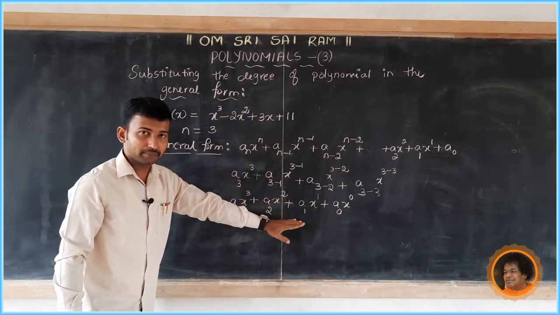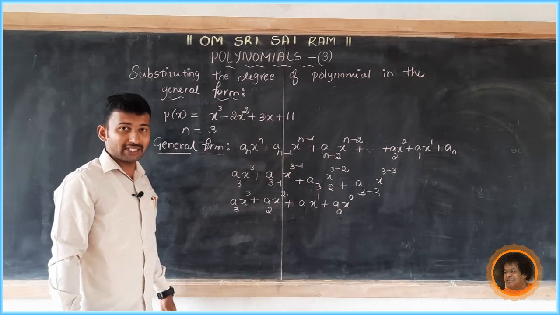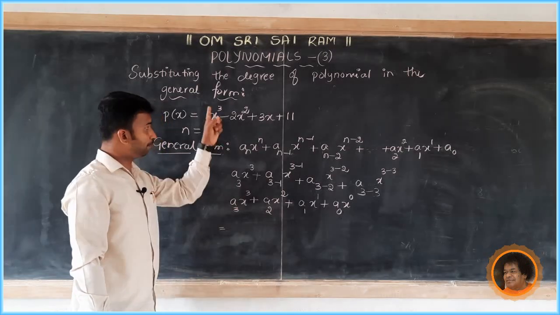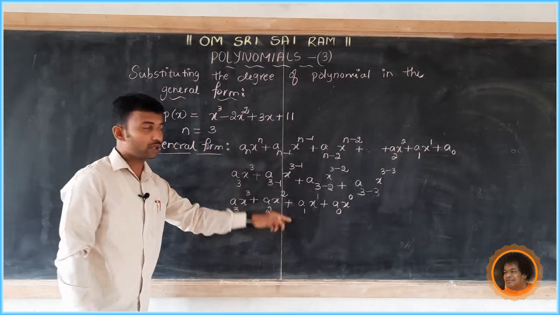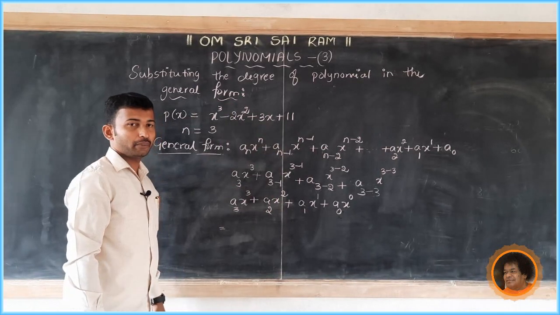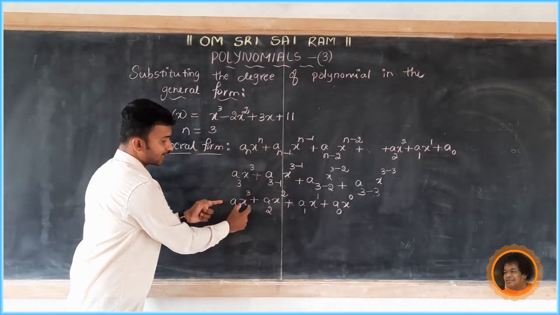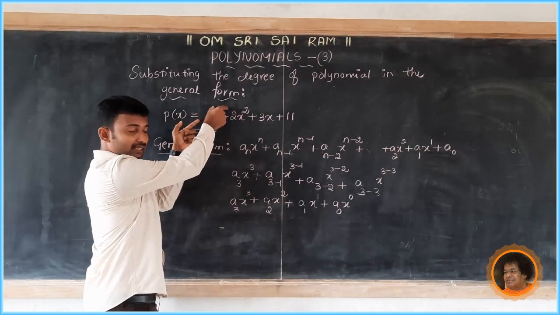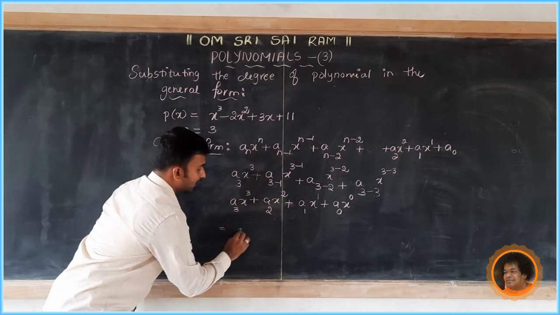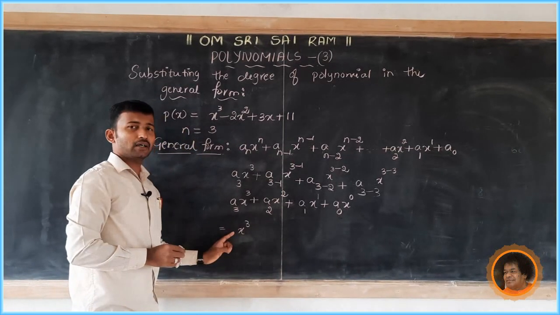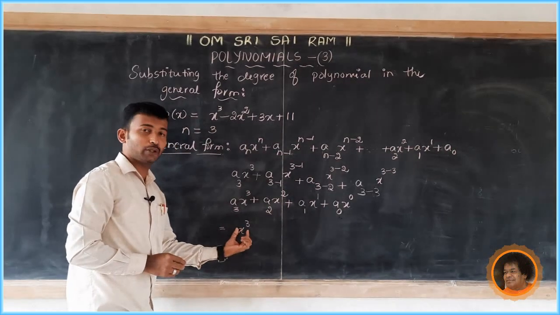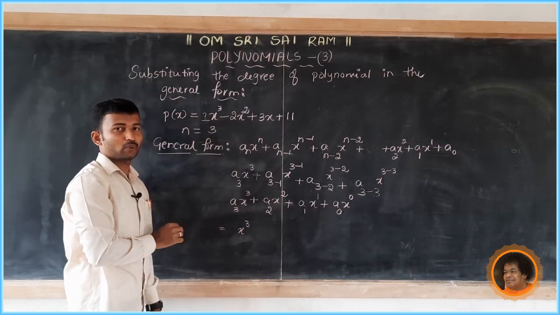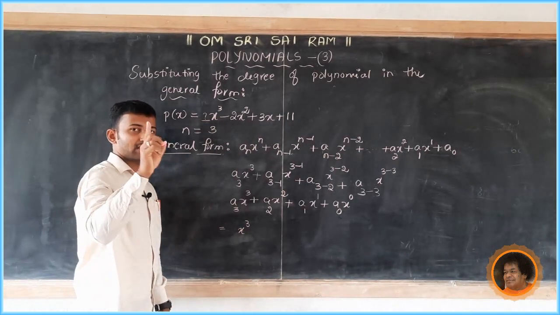Compare the general form with the example polynomial. When we compare the two, we get a3 x power 3, x cube. This is the first term. What about the numerical coefficient of x cube? What is the constant? Yes, the constant is 1.